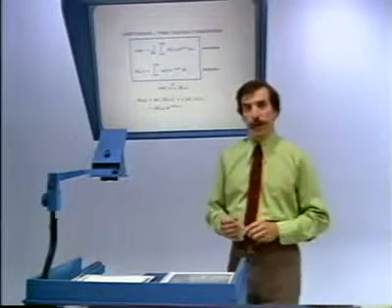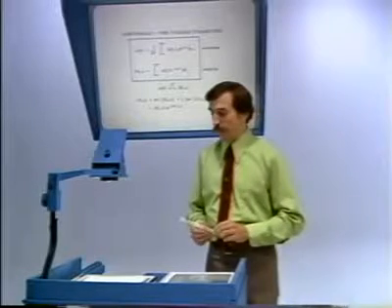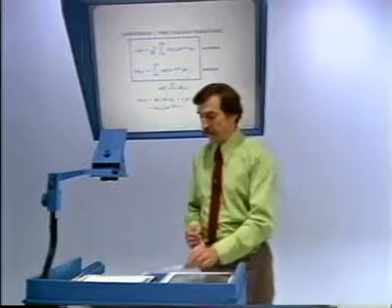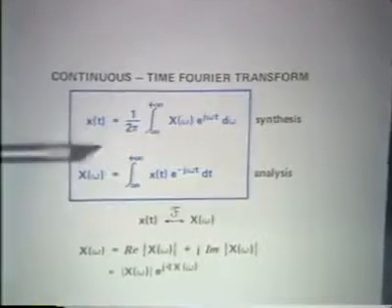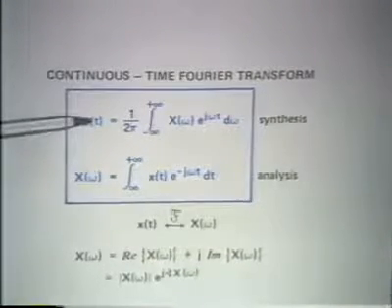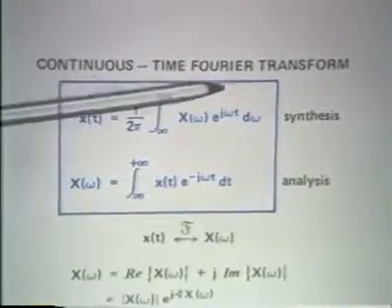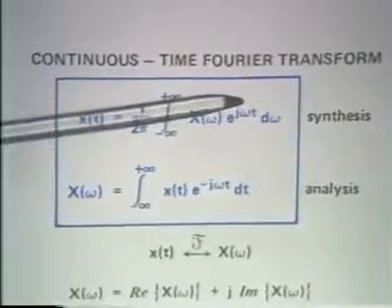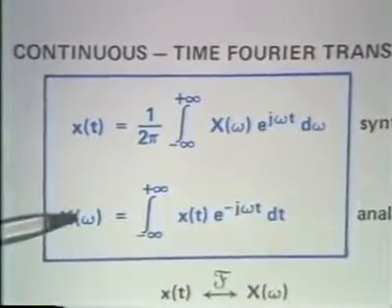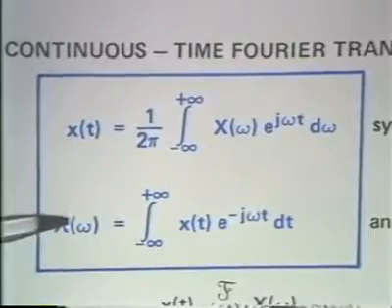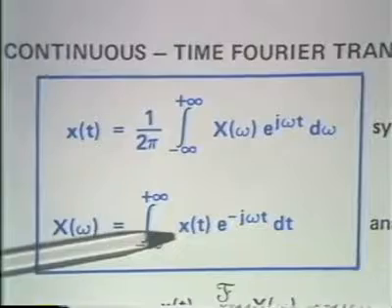So let me begin by reminding you of the analysis and synthesis equations for the Fourier transform as I've summarized them here. The synthesis equation tells us how to build the time function out of, in essence, a linear combination of complex exponentials, and the analysis equation tells us how to get the amplitudes of those complex exponentials from the associated time function.